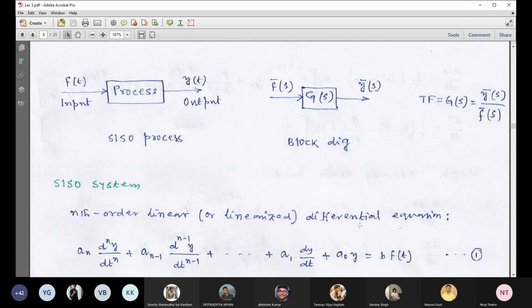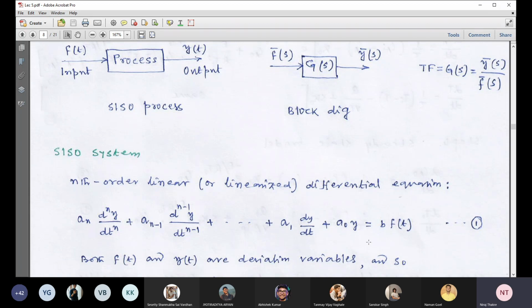Anyone? You see, in this equation only one output y and one input f are present. So that's why it is a single input, single output system. Single input is f, single output is y.